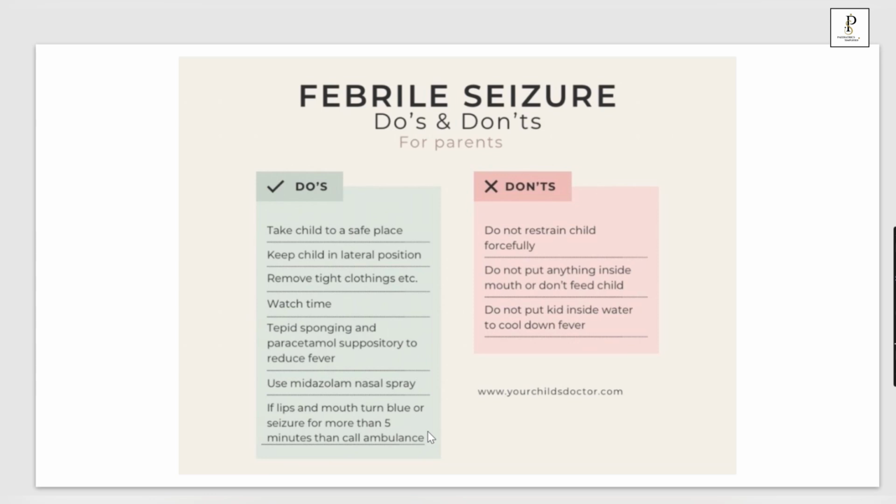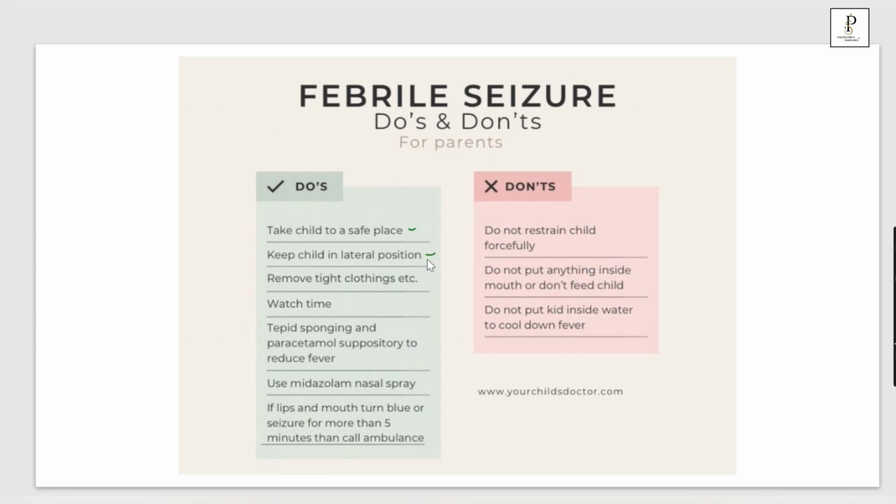Then comes febrile seizure do's and don'ts. What should parents do? Suppose parents find the child is developing a febrile seizure at home, what they should do and not do. They should take the child to a safe place, meaning if there is any fire nearby or the child is near a swimming pool, take the child to a safe area.